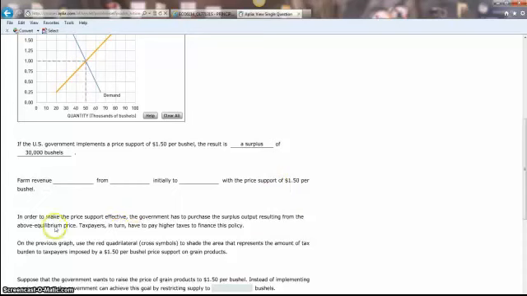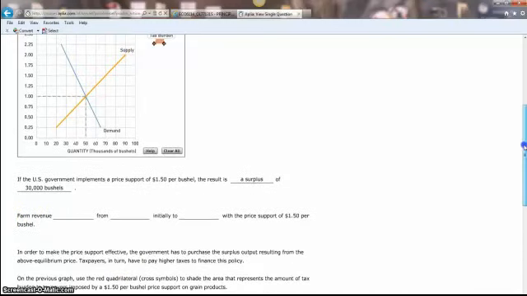Alright, the next thing, as you read down, is farm revenue. Initially, if the price is $1, then farm revenue is that $1 times 50,000 bushels, so revenue starts at $50,000.